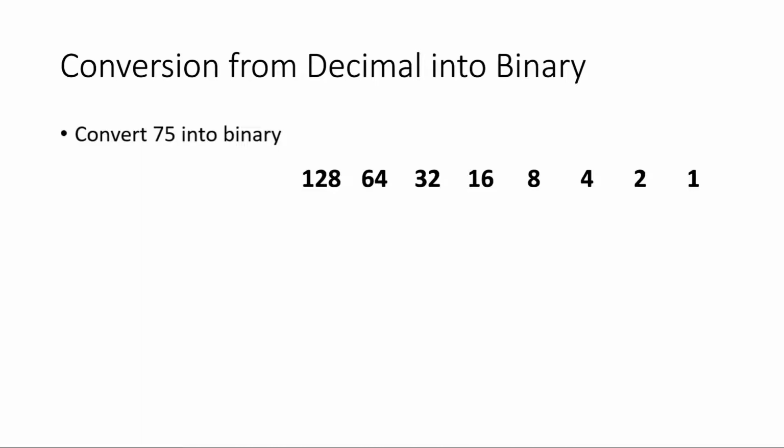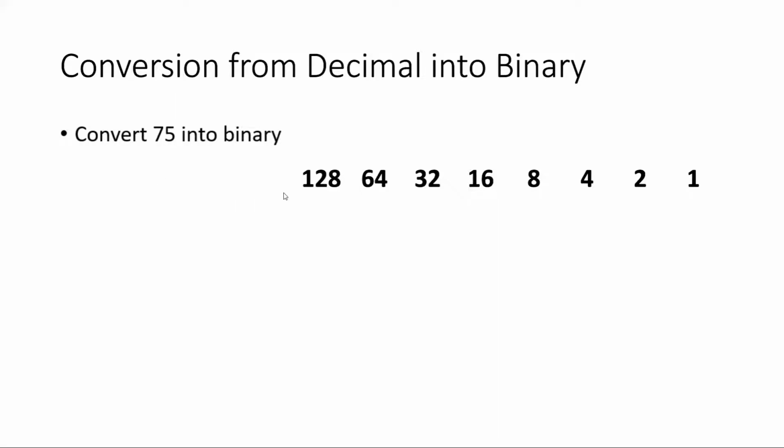In this case, we don't need to go beyond, because in binary representation, we basically want to know what sum of these base 2 numbers results in the number we have in the decimal system. So since 128 is already greater than 75, we don't need it, and we don't need to continue to next numbers either.